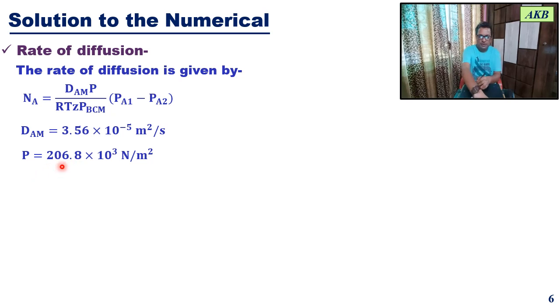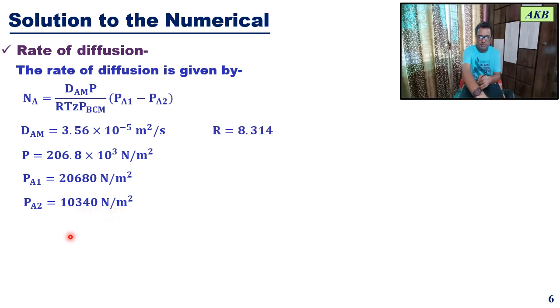Total pressure is 206.8 into 10 to the power 3 Newton per meter square. Then next is PA1. PA1 we calculated, it is 20,680 Newton per meter square. PA2 is 10,340 Newton per meter square. Then R, the value of R we know it is 8.314 joule per mole per Kelvin.